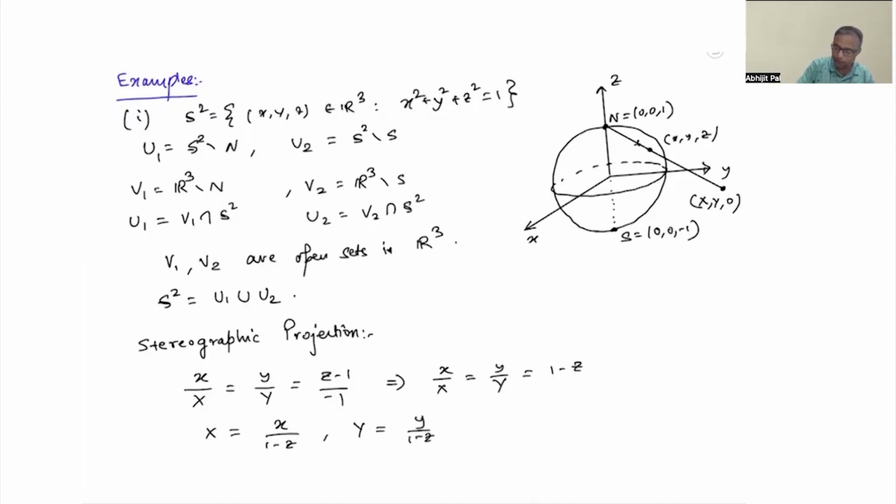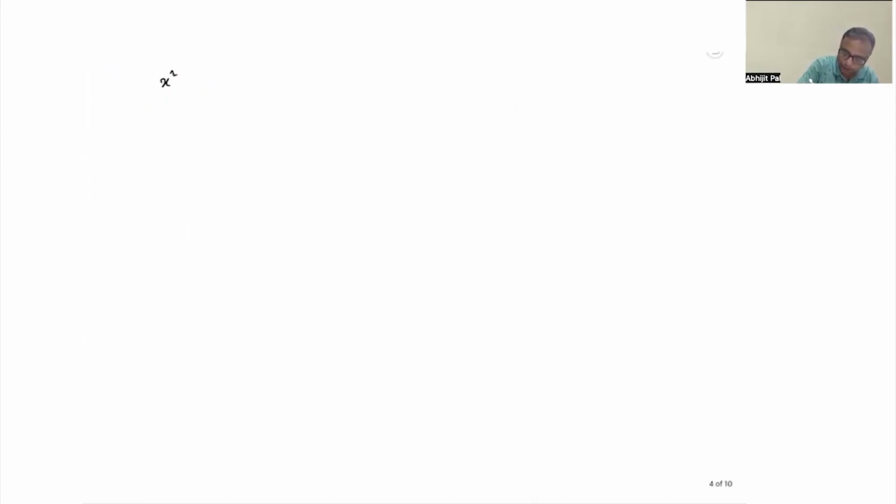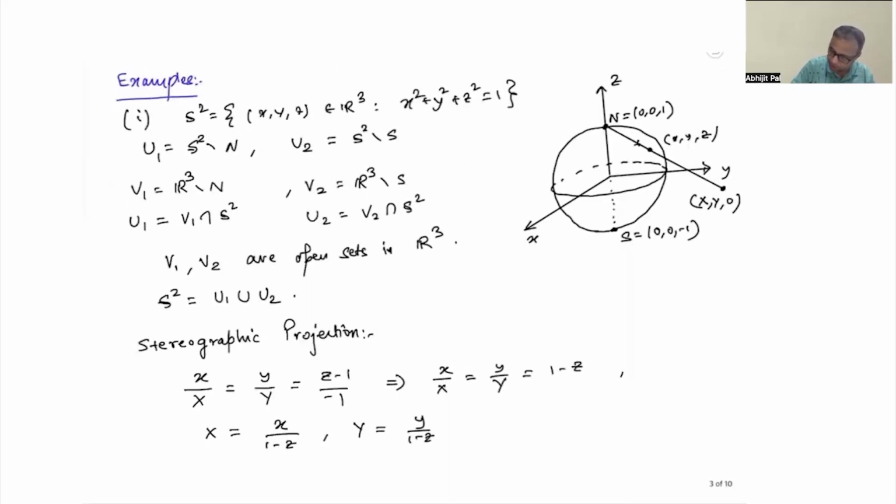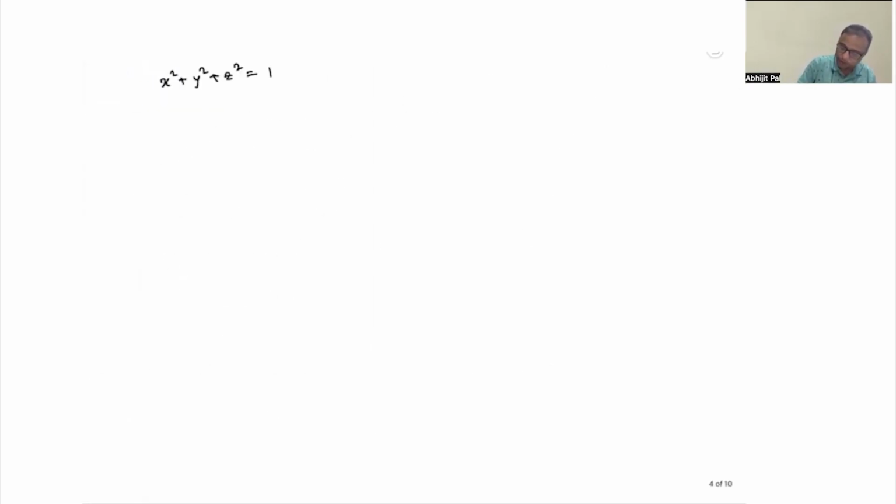Okay, and also you have this relation x square plus y square plus z square equal to 1. And here note that this z is not equal to 1. So x square plus y square plus z square is equal to 1, and x here is capital X multiplied by (1 minus z) whole square plus capital Y multiplied by (1 minus z) whole square plus z square.